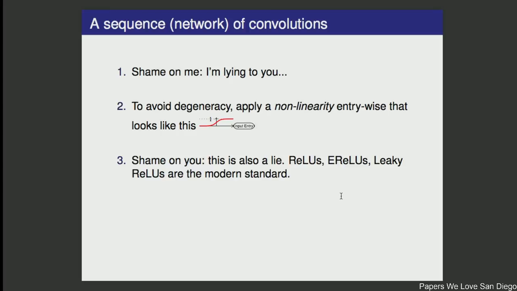Is the purpose to normalize, or is it to add non-linearity? So it's to add nonlinearity. If you're familiar with matrix algebra, let's say, the result of composing two matrices with one another is itself a matrix, right?